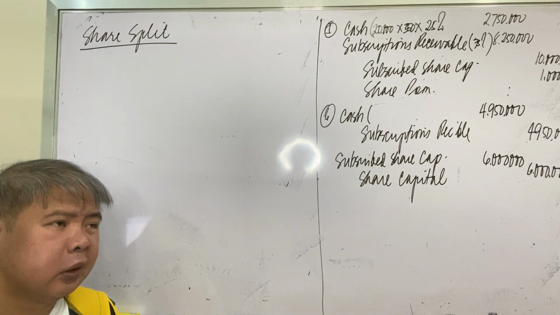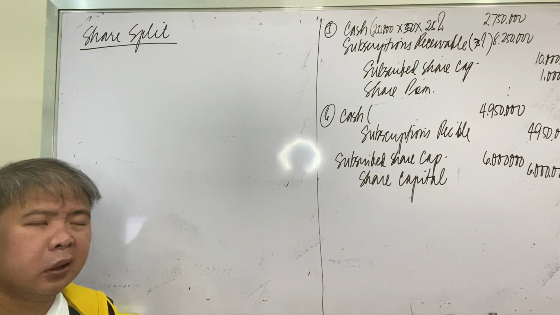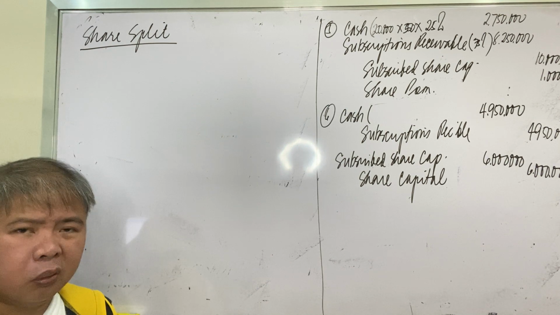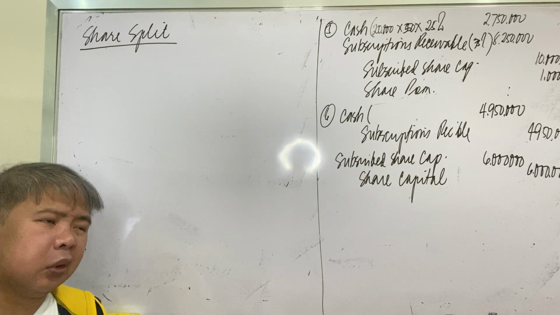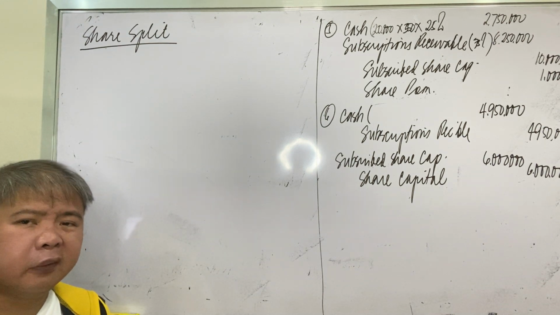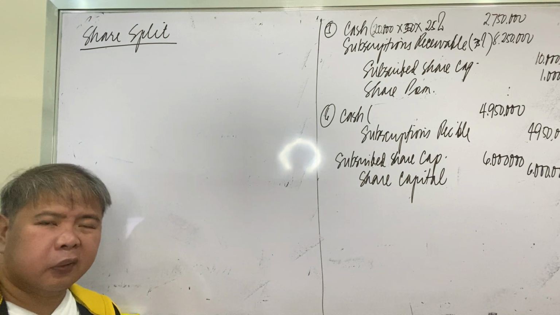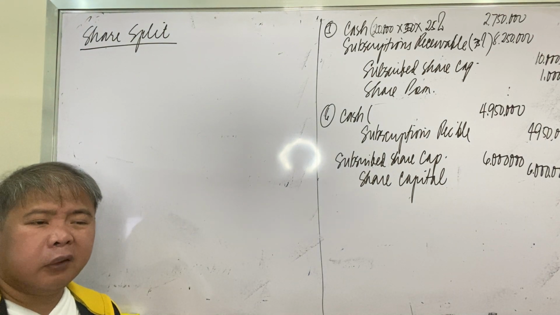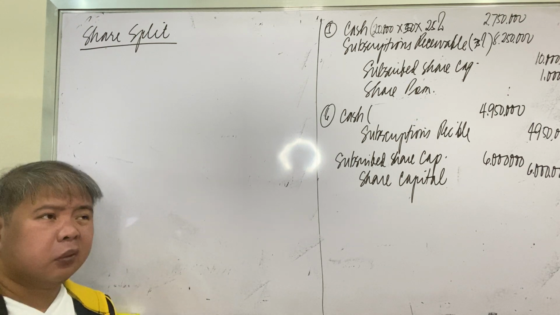So if there's an increase in the number of shares that will be issued to the shareholders, that will cause a decrease in the par value, so that the total will still be the same. The same is true if the shares of stock are replaced by a fewer number of shares, then the par value will be higher than the previous one.